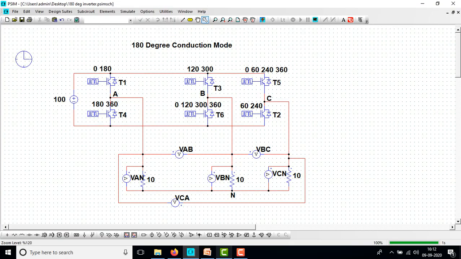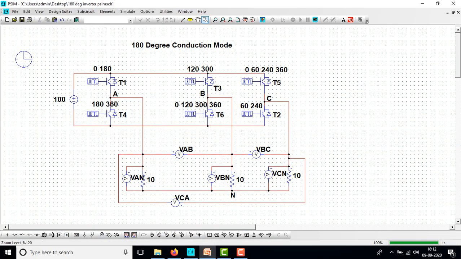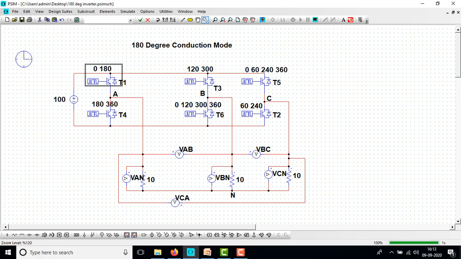So T1 will conduct from 0 to 180. So here we will give the firing pulse for 0 to 180 degrees, and again for the negative group it will be a 180 degree phase difference, that is 180 to another 180 degrees, that is 360 degrees. So T1 will conduct from 0 to 180 and T4 will conduct from 180 to 360.